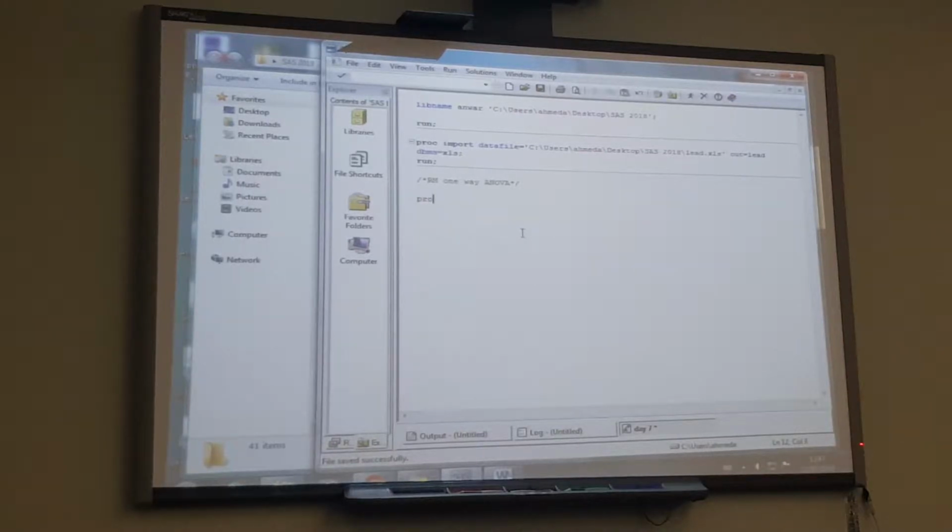And this is PROC GLM, correct? Data equals the data set. Model. So what is the model? All the variables, I have to list them.